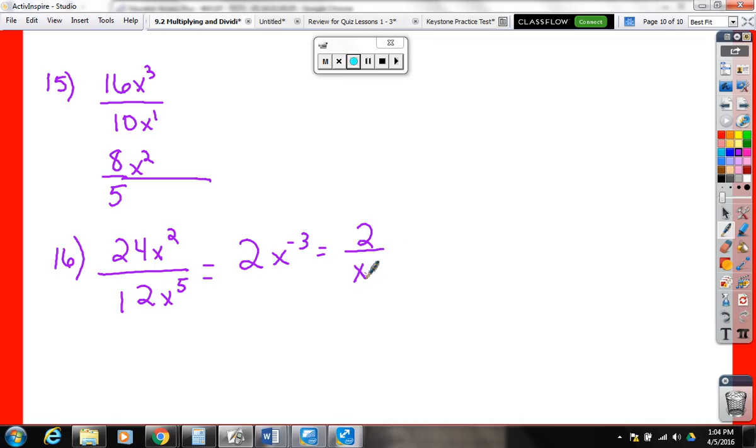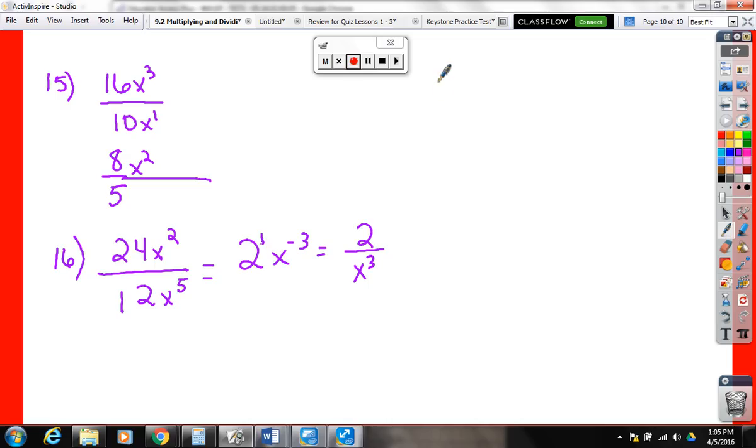Good. Most of the mistakes people make are they try to move the whole thing down. So a lot of people will write 1 over 2x to the third, but the 2 has its own exponent. It's invisible, but it's 2 to the first power. So it stays on top because it's positive. Only the x moves to the bottom.